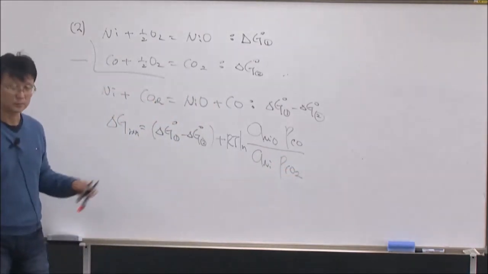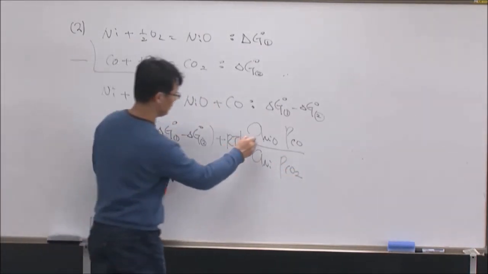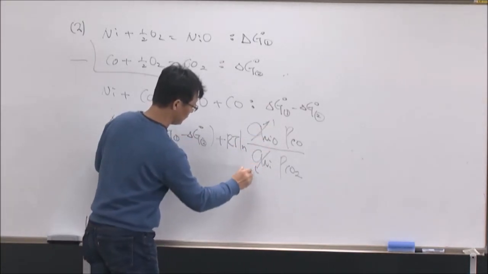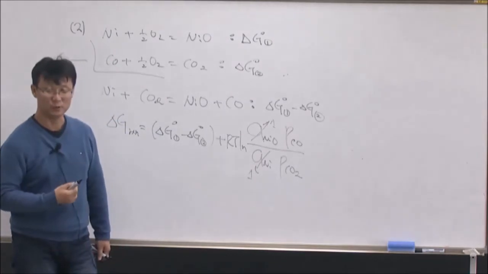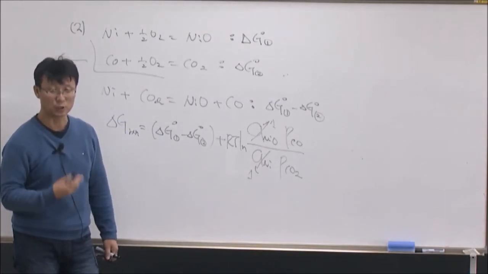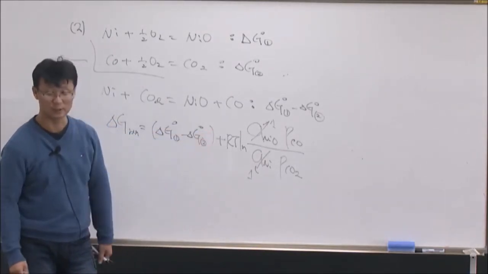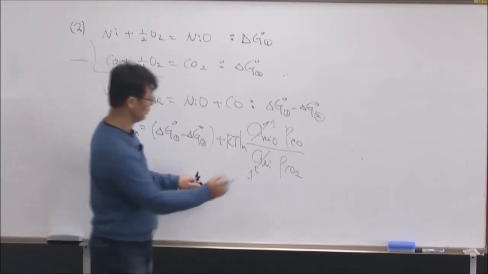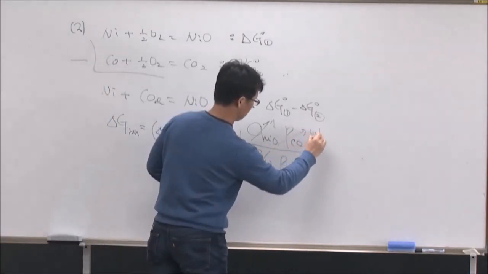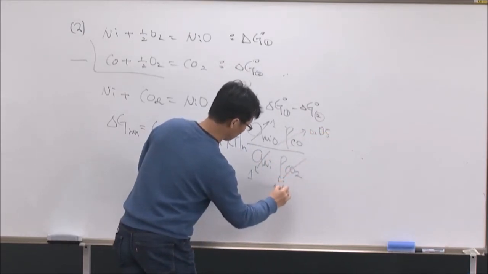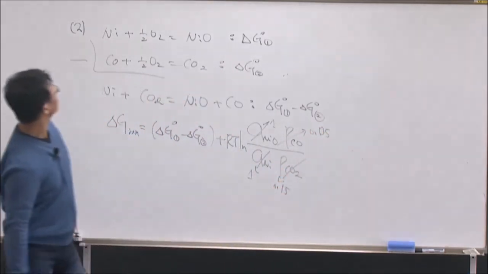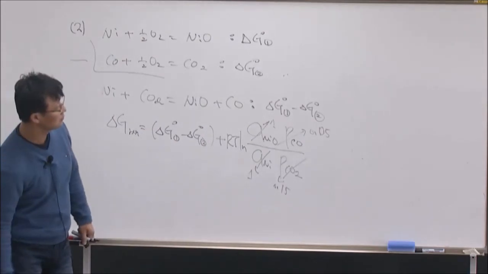This is what I am to calculate. Under this condition, you don't even have to worry about partial pressure or total pressure, because it's just eliminated by itself. This is 0.05, 0.15. Am I right? That was the condition?